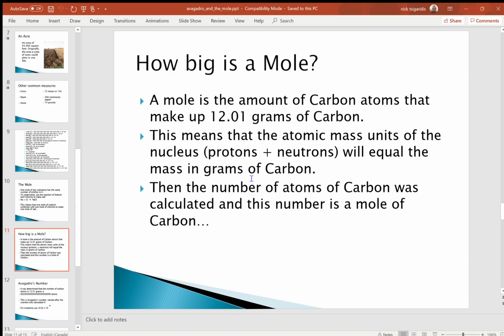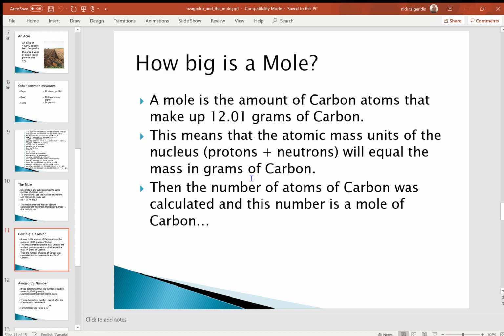So let's say I had this arbitrary number, this quantity of carbon atoms, which represented 1 mole. If I took 1 mole of those atoms, remember a mole is like a dozen, and I placed it on a scale, it would weigh exactly 12.01 grams.